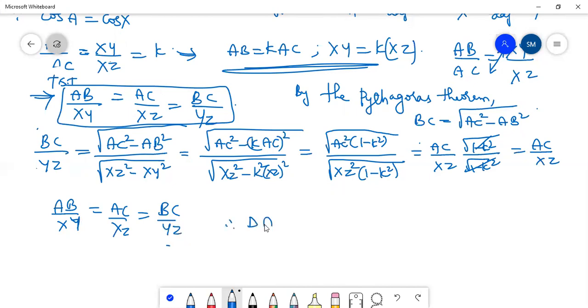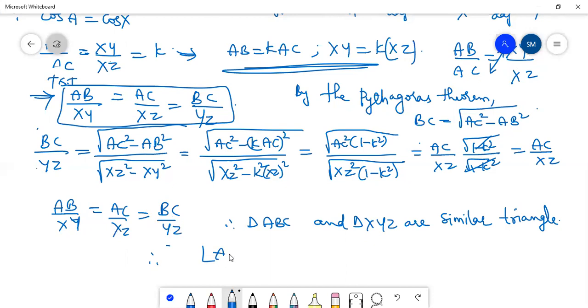Therefore, triangle ABC and triangle XYZ are similar triangles. In similar triangles, the sides are in ratio, and if one of the angles is 90 degrees, then the other angle is also equal. That is angle A equal to angle X. This is the solution of the given problem.